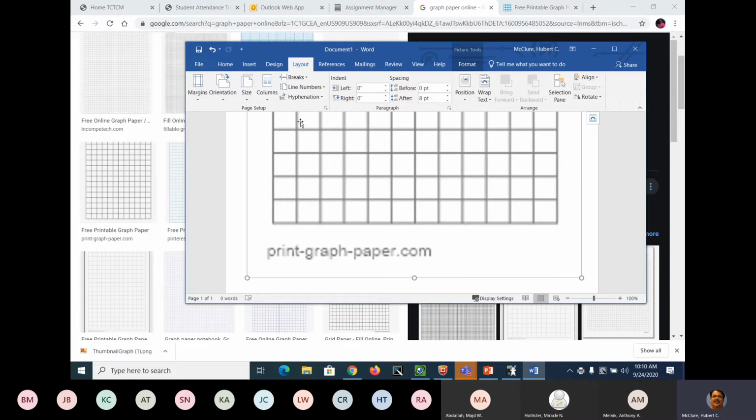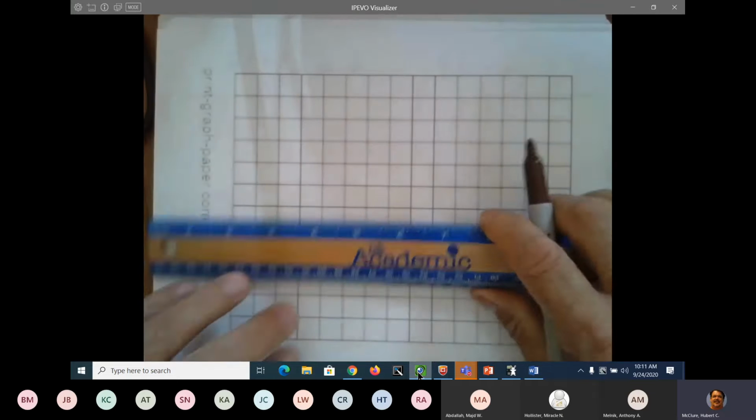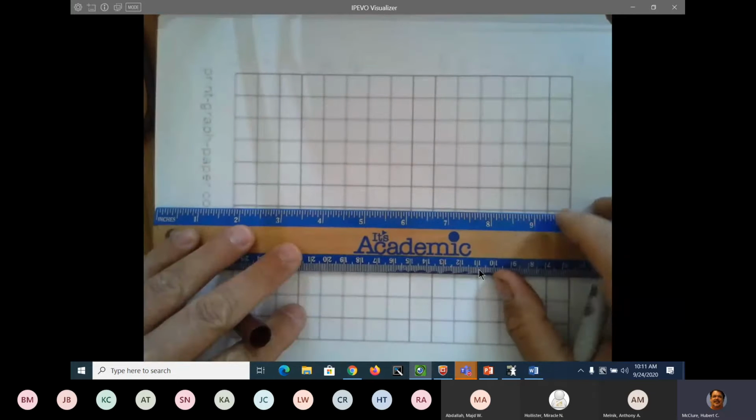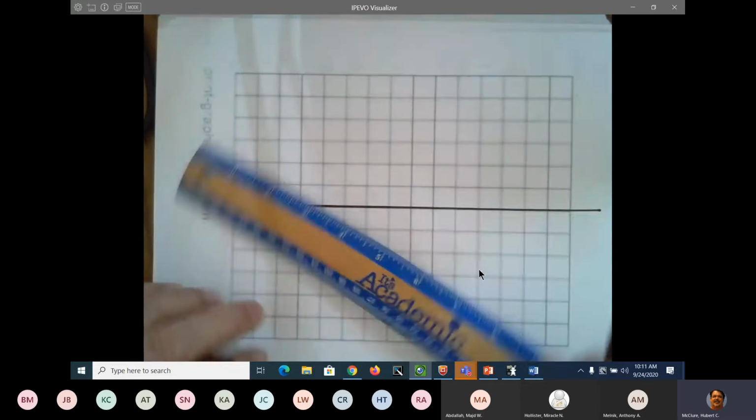So I'm going to take my handy dandy straight edge. And the reason I have to use a piece of graph paper is because we're going to be graphing, and I want it to be accurate.